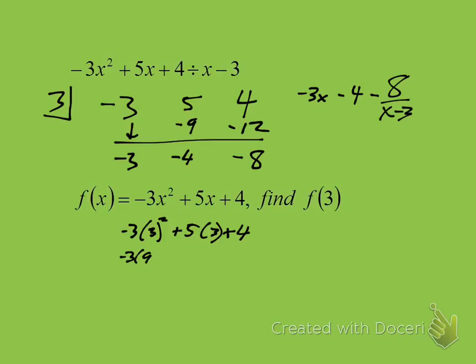So negative 3 times 9 plus 5 times 3 plus 4. 9 times negative 3 gives you negative 27. 5 times 3 gives you 15, plus 4. So negative 27 plus 15 plus 4 gives you negative 8.